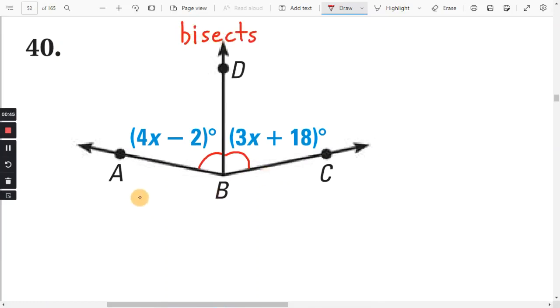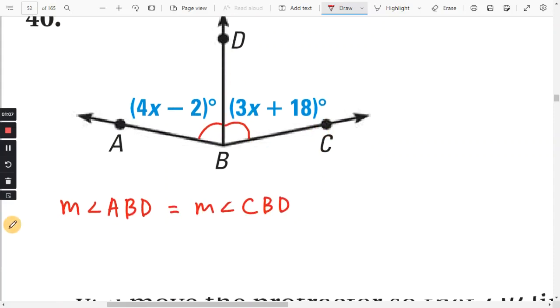If I were to make an equation, I would say the measure of ABD, that's the one on the left, and that's going to equal CBD, the angle on the right. Measure of angle CBD.